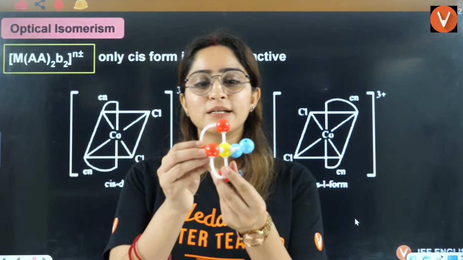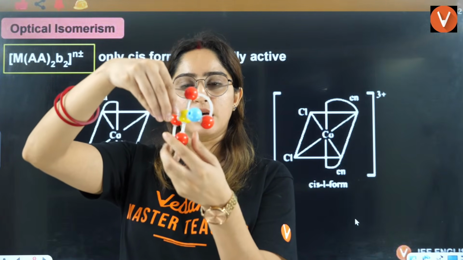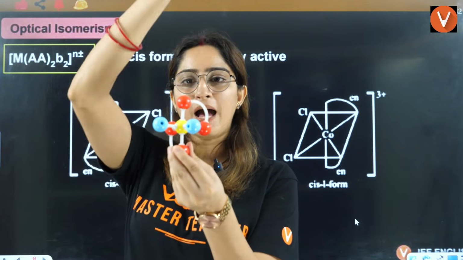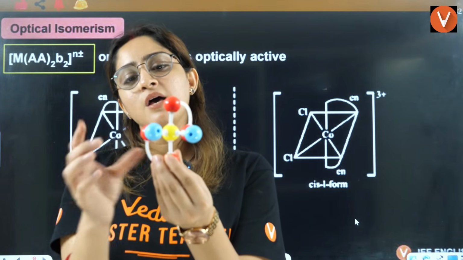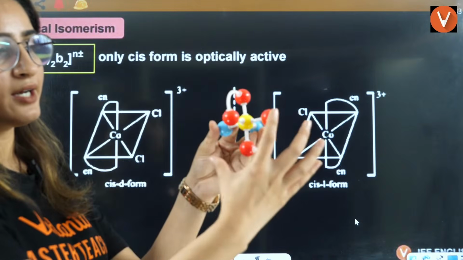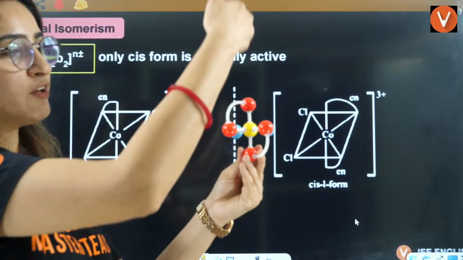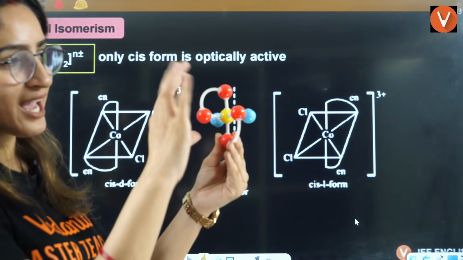If you draw the cis, this is cis. Can you see they are next to each other? In cis, if you pass a plane here, not possible. You will say, ma'am, possible, ma'am, this is red, this is red. But guys, can you see? This is bidentate, this is bidentate. If you pass a plane from here, you are again going to get stuck.